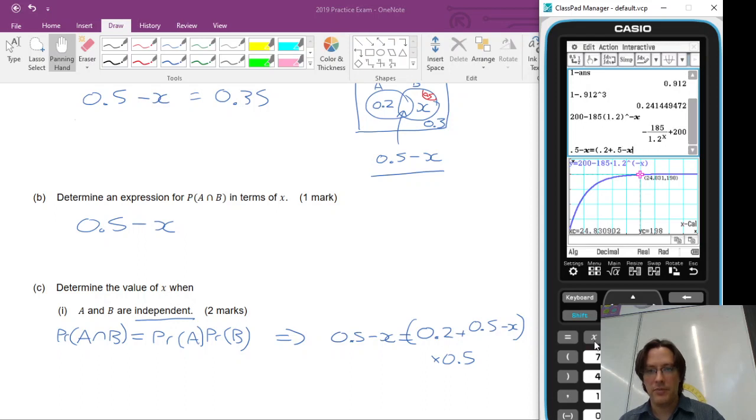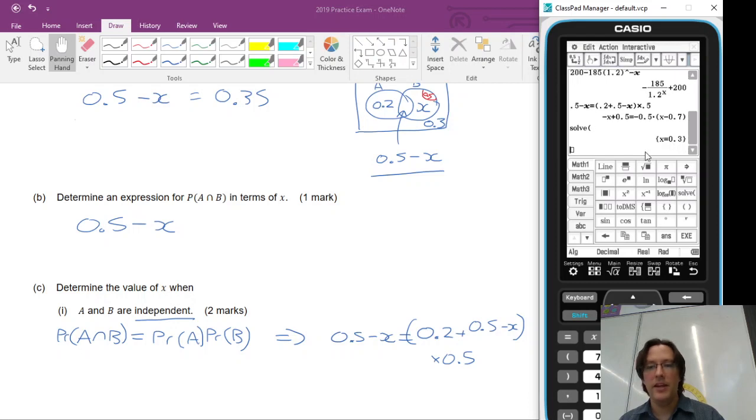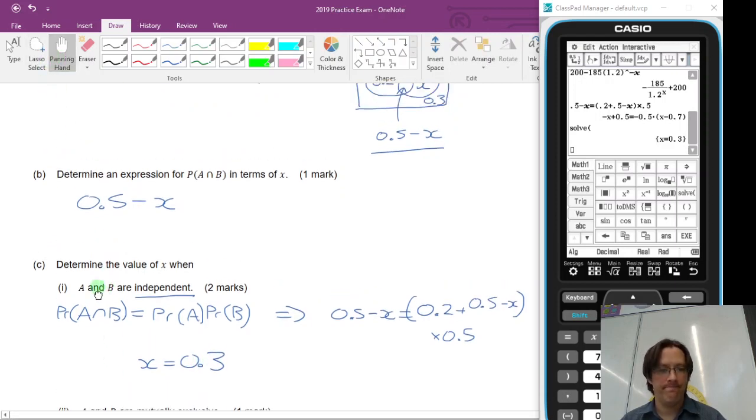I could simplify that, but I'm not going to. It doesn't change the answer. So we've got that. 0.5 take x is equal to that. I can solve that. Usually if it gives me a clean answer, I've probably done the right thing. X equals 0.3. Cool. There we go. Nice and easy.